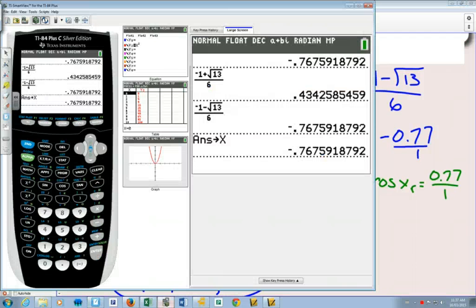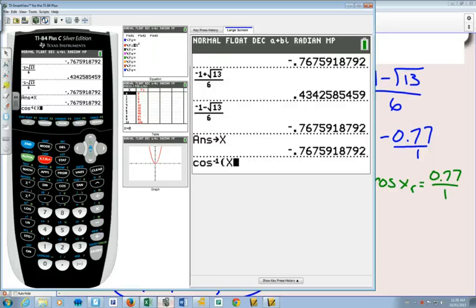It's helpful, because if I just use that answer that I have there, I have a negative answer, and I want the positive answer to find my reference angle. So when I go cos inverse, if I just type in x, that's going to plug in negative 0.77, and I want to plug in positive 0.77.